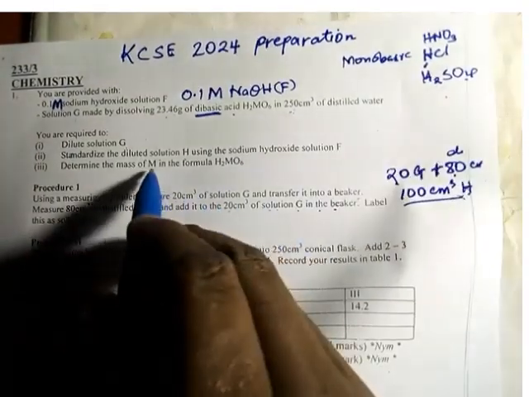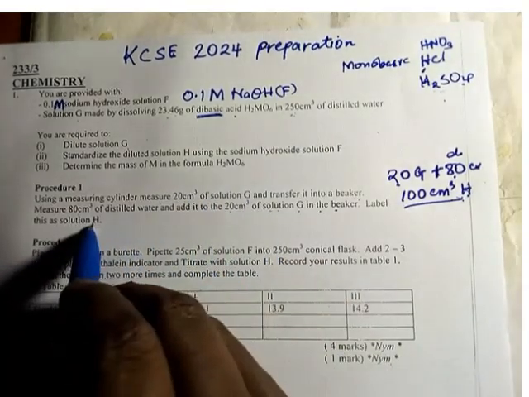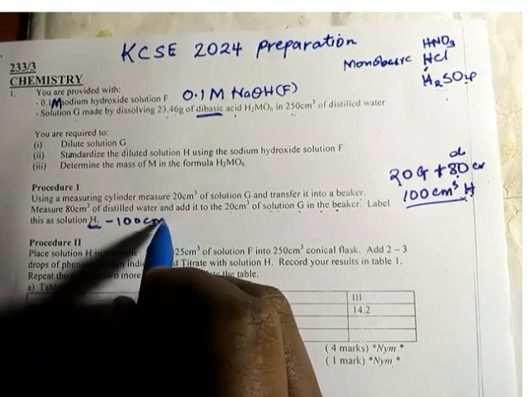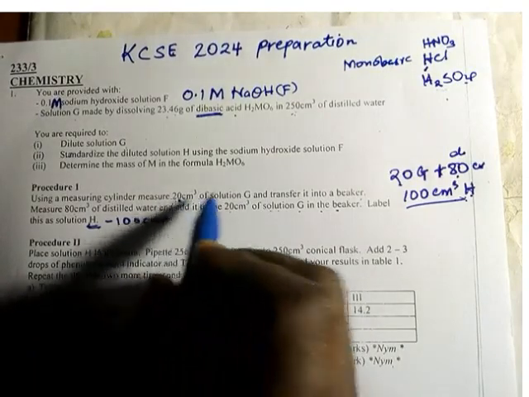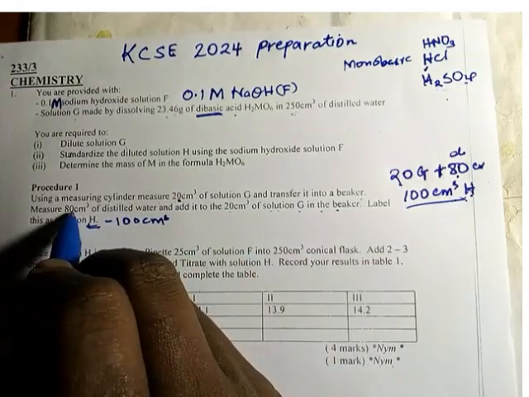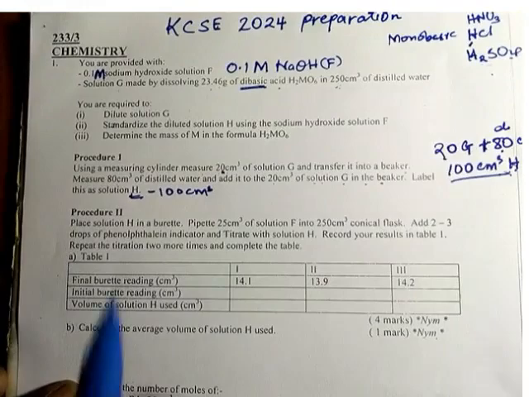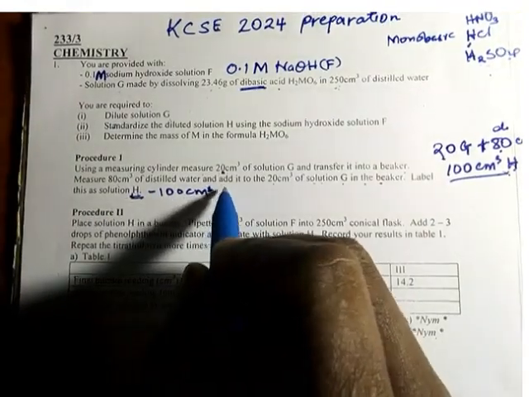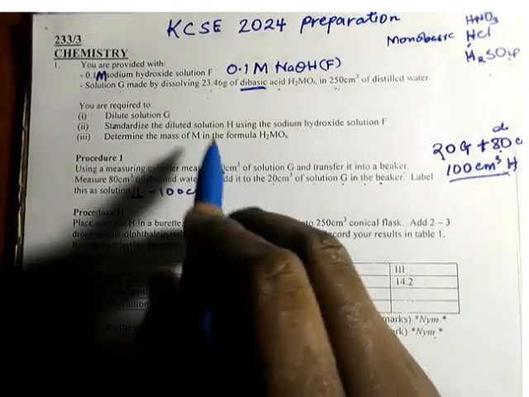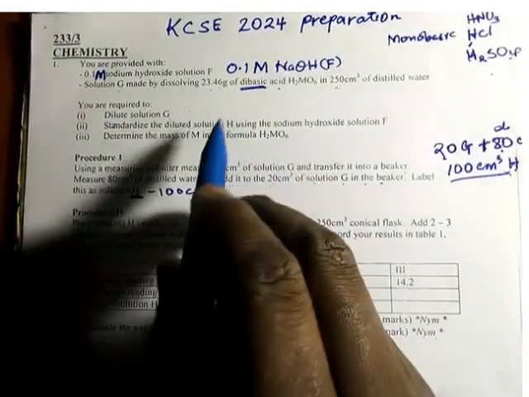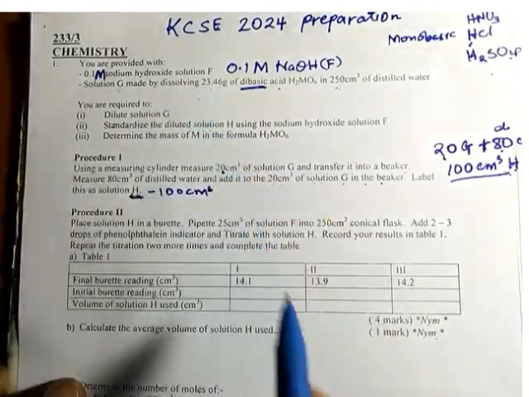So the total volume of H is 100 centimeters cube, because it is 20 of G plus 80 centimeters cube of distilled water. And what is H? H is the dibasic acid G, but diluted now.